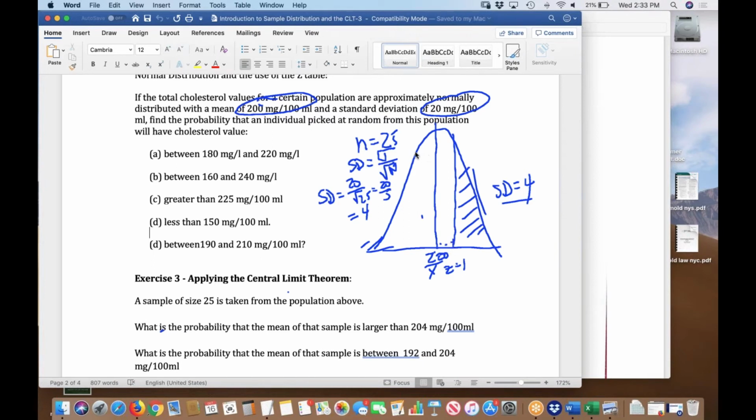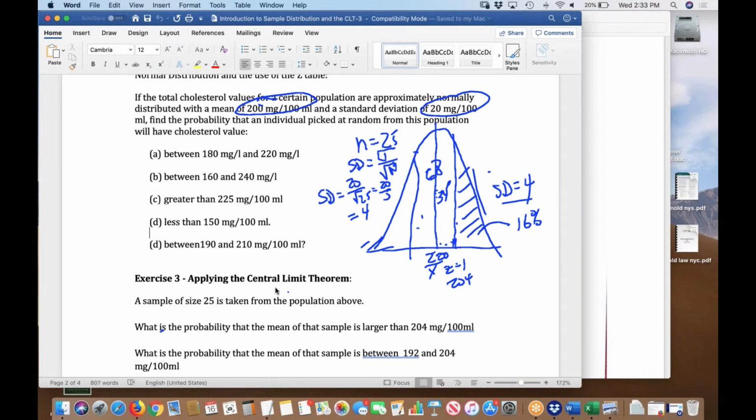Within one standard deviation below and above is 68%. Since it's symmetrical, from the mean to this point is 34%. So that leaves about 16%. 16% of the samples of size 25 that we draw from this population are going to be 204 or higher.